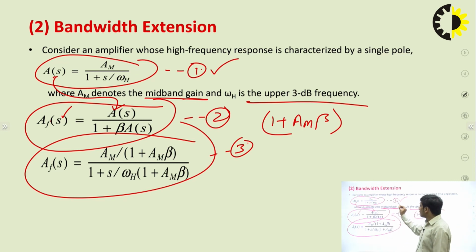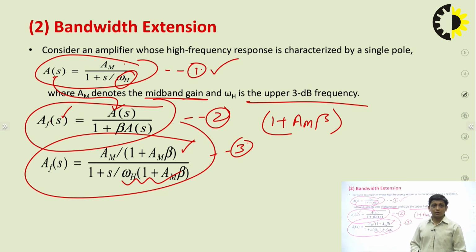Equation number 1 represents the gain without feedback, equation number 3 is the gain with negative feedback. So you can see that the midband gain AM is reduced by the factor 1 plus AM beta, and the upper 3 dB frequency omega H is increased by the factor 1 plus AM beta, right.